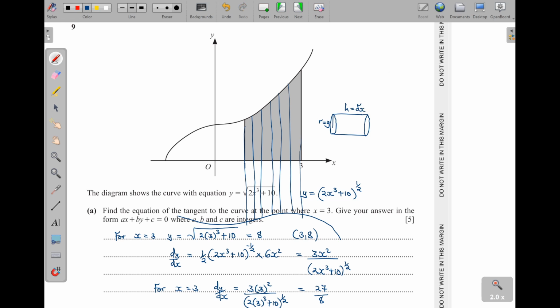You see that? And we know that the volume of a cylinder is equal to pi r squared h. If it is pi r squared h, then the volume of just one cylinder will be pi, r is y, and then the delta x here. Now, to get the volume that is generated, I'm going to add up all of these and put them into one.